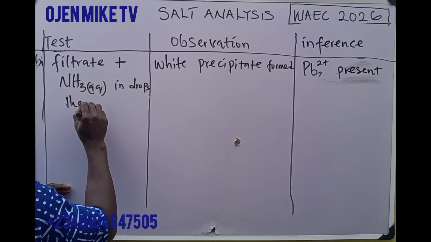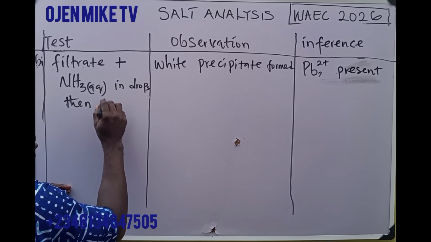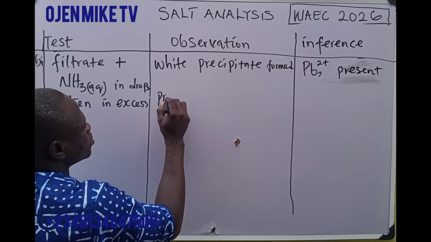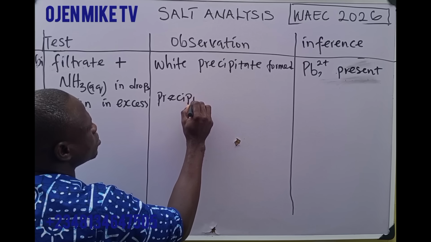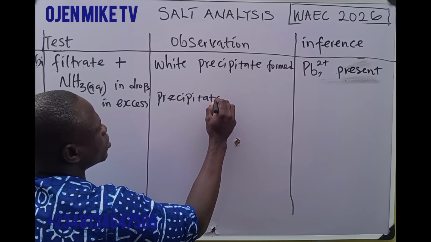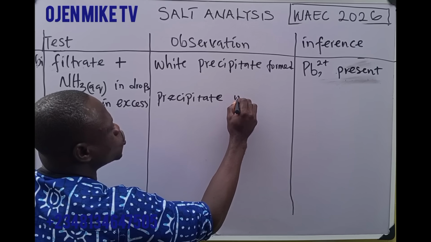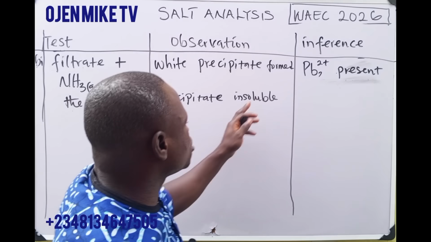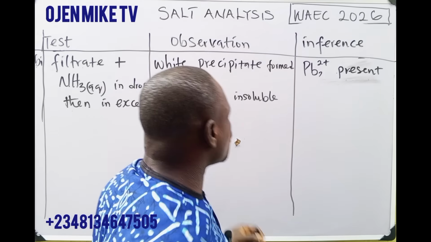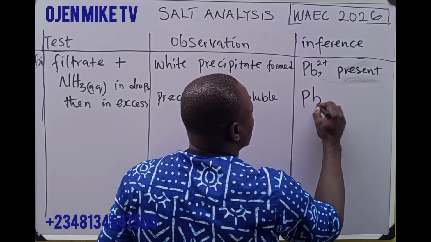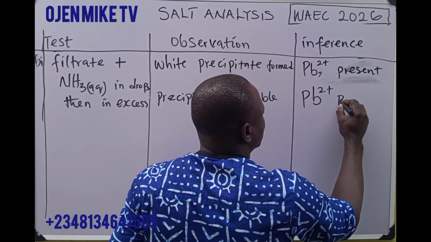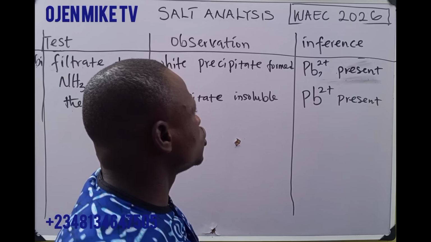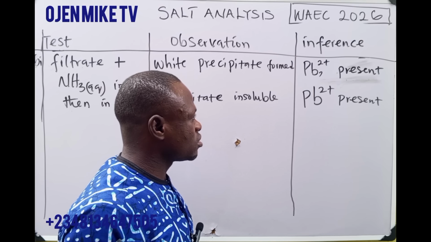Now in drops, then in excess, precipitate insoluble. So precipitate is insoluble. You can say that lead 2 ion is present.